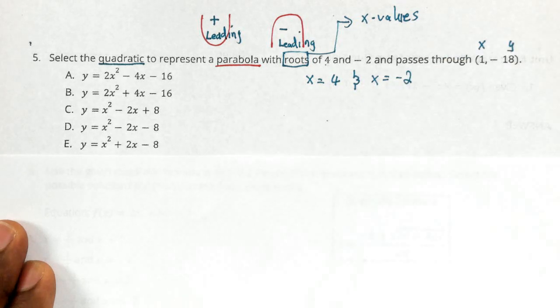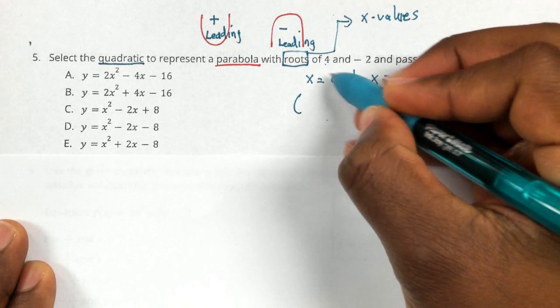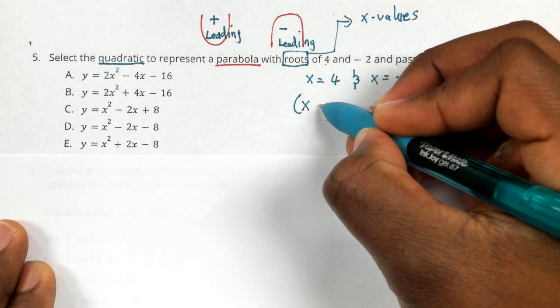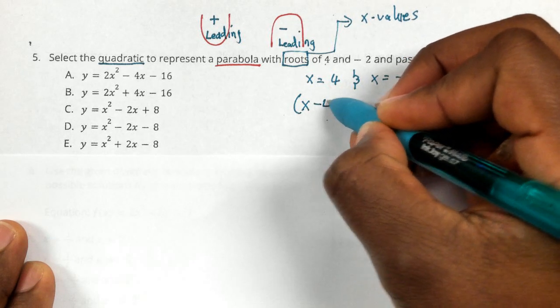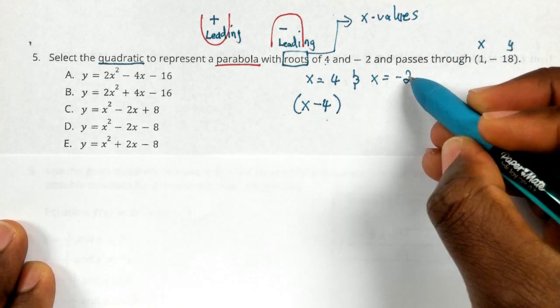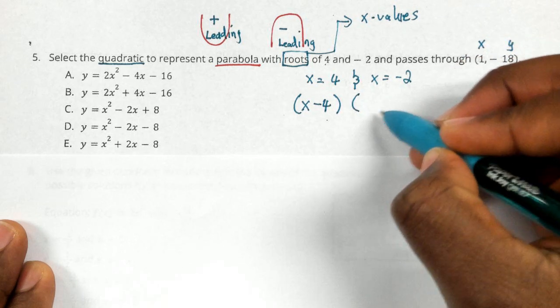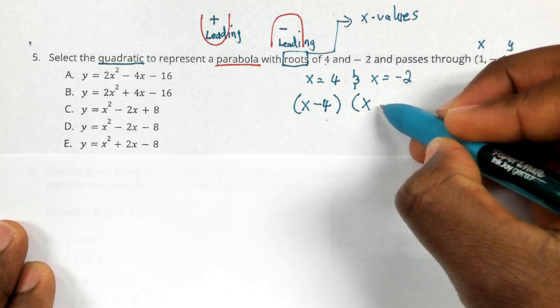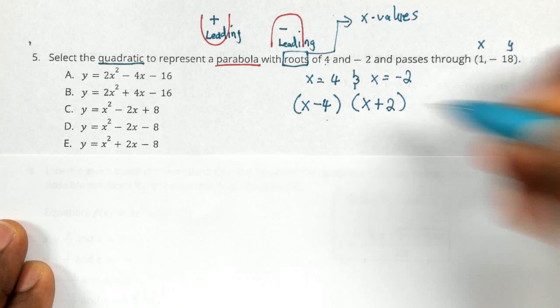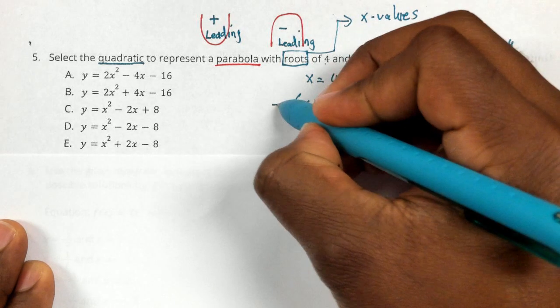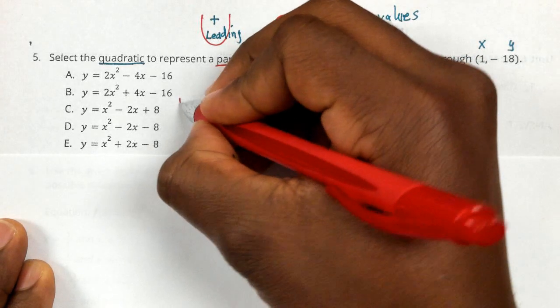To move a +4 back to the other side, I would need to subtract 4. And to move a -2 back to the other side, I would need to add 2. And now we have our factored form.